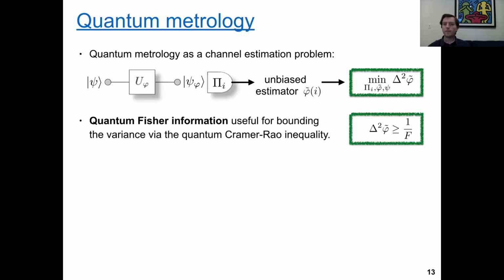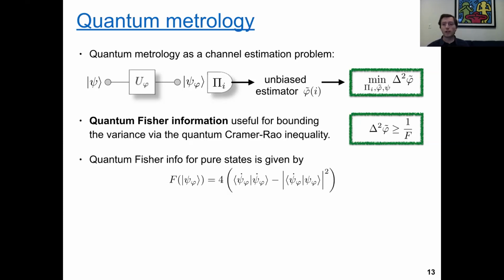It tells us the variance of this unbiased estimator is lower bounded by 1 over F, where F is the quantum Fisher information, which can be computed for that setting. I will not give you a precise definition of how to find quantum Fisher information. However, I'll show you how to compute it for pure states.